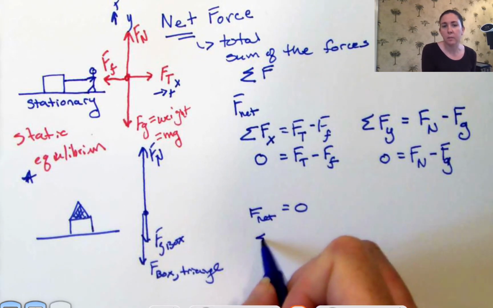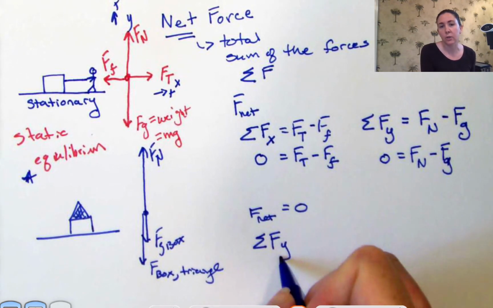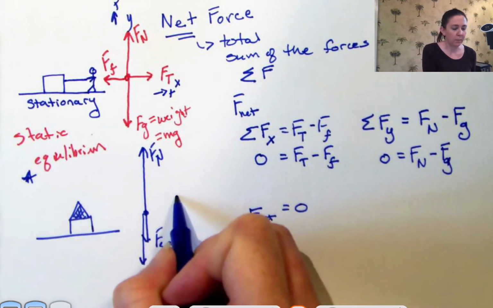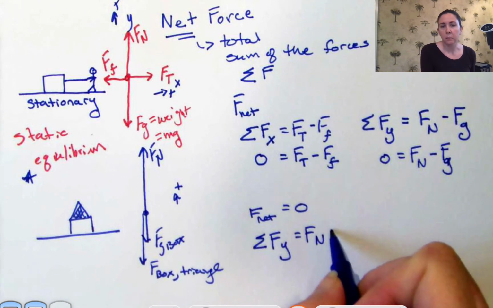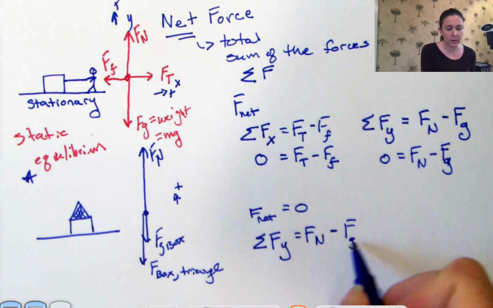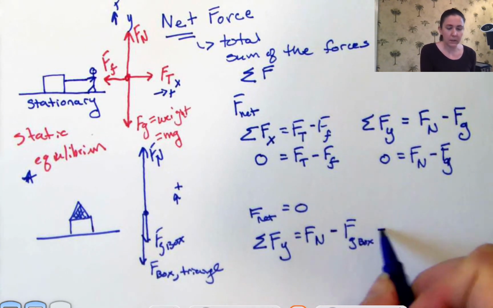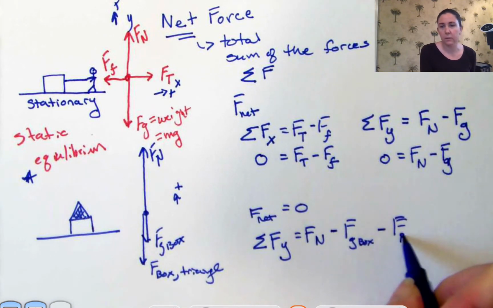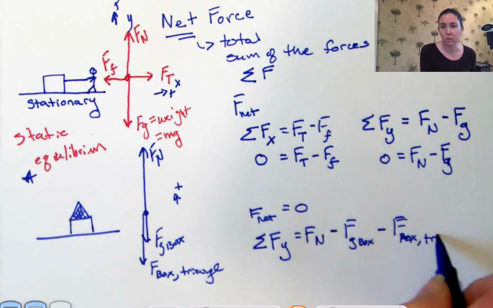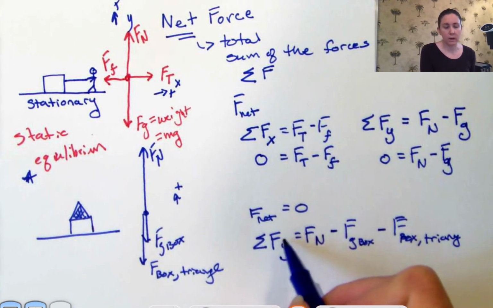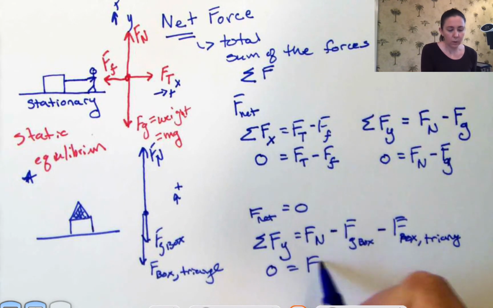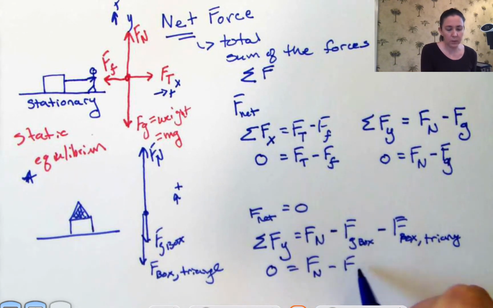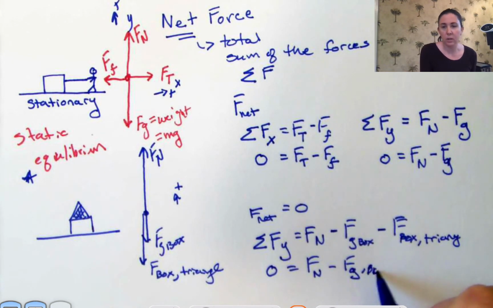If I sum the forces in the y direction, we'll call up positive, I get the normal force minus the force of gravity on the box minus the force on the box by the triangle. This sum of the forces in the y direction, again, is going to be equal to 0. So when we look at this, we can pull the force of gravity and the force on the box by the triangle to the other side.